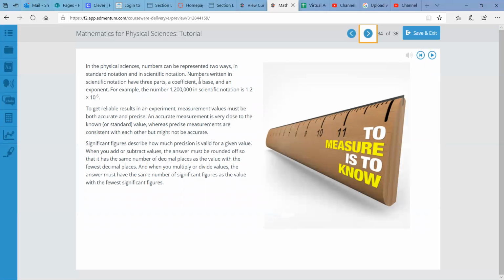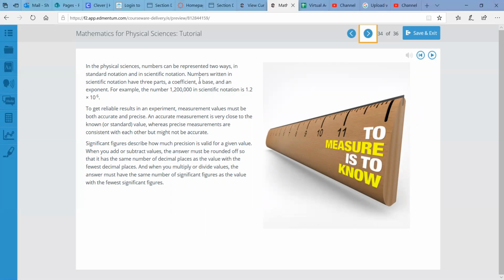And then we have a certain way to write out numbers. Scientific notation lets us write out large or small numbers with only a few numbers. It's kind of like shorthand, nicknames. 1.2 times 10 to the 6 is 1,200,000.